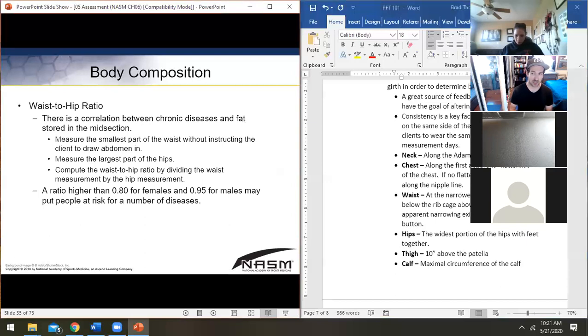Now we know that there is a lot more risk for certain chronic illnesses and diseases when your clients hold a lot of abdominal fat. Abdominal fat has been associated with diabetes, hypertension, coronary heart disease. It's associated with way more problems than just a high body fat percentage. So this is why the waist to hip ratio is one of those things we do want to measure.